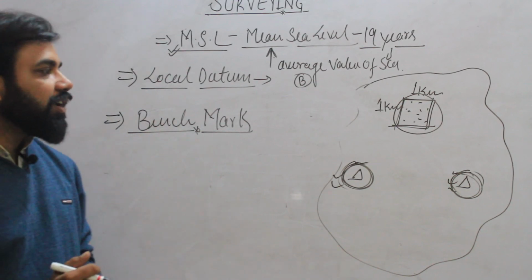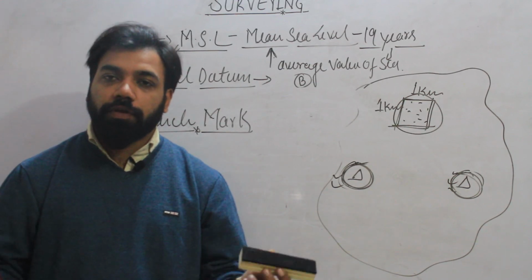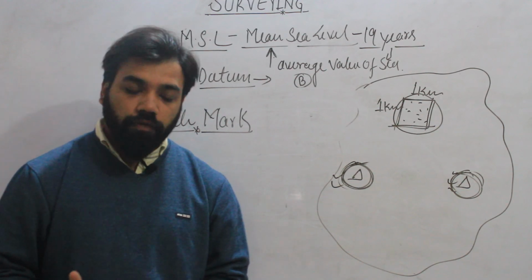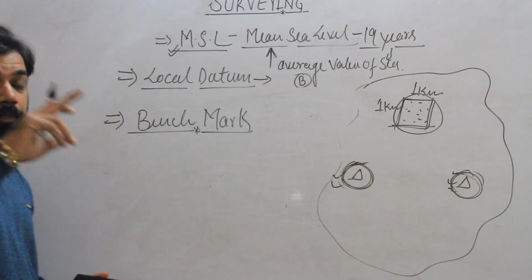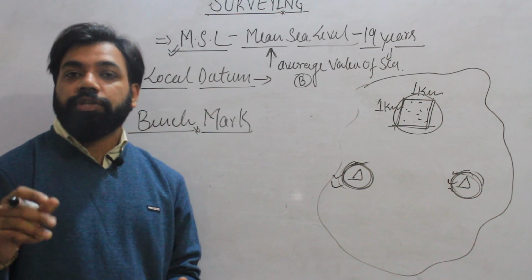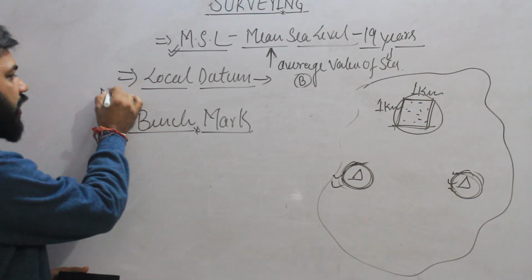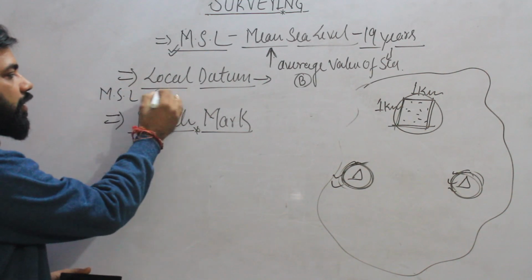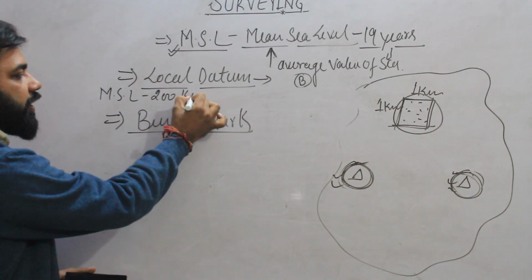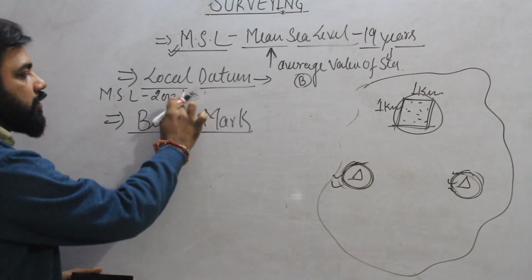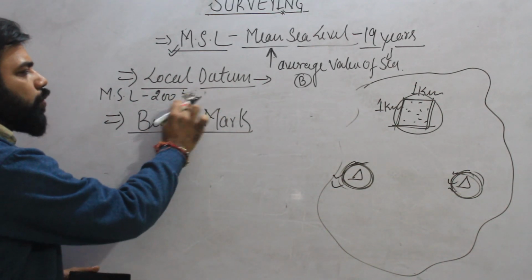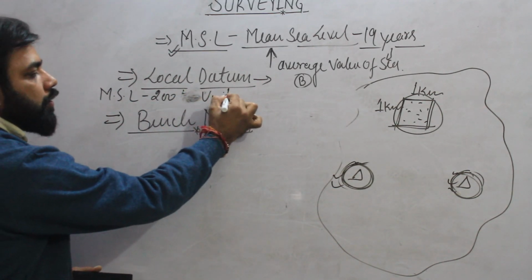If you observe the railway station in any city, where the name of the city is mentioned, below that there is a tag of MSL. It represents the mean sea level. For example, it says 200 meters, or you can say 200 units.